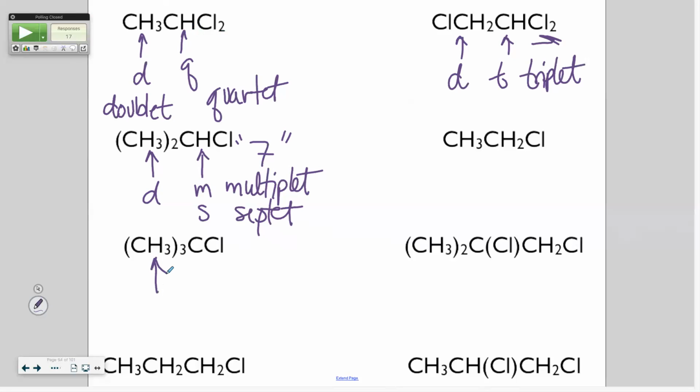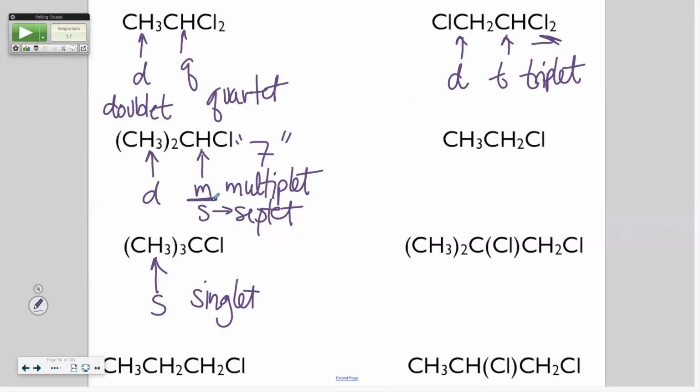How many neighbors does it have? 0. So what do you get? A singlet. You have to write out septet. S is singlet. Typically they start using M once you get above a certain number.